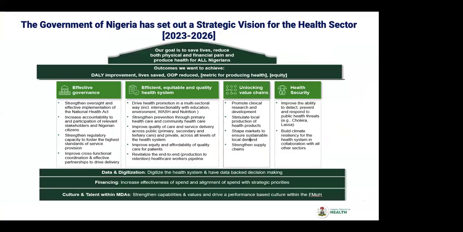Now, the picture of Nigeria. Here in Nigeria, in the current administration, we're all familiar with what I'm showing on the screen. It is a strategic vision of the health sector laid out from 2023 to 2026. And the goal mirrors what I had just shown to you: to save lives, reduce both physical and financial pain, and produce health for all Nigerians.